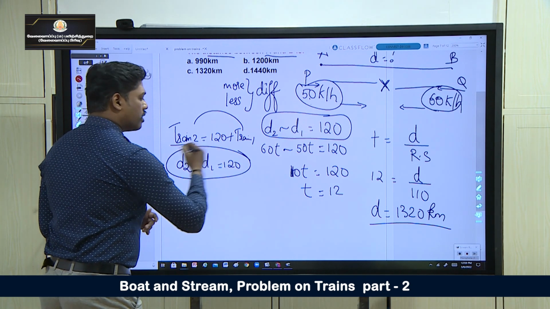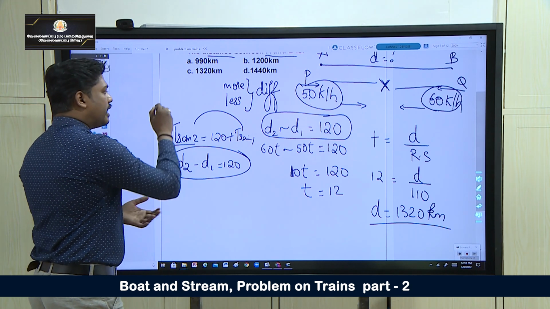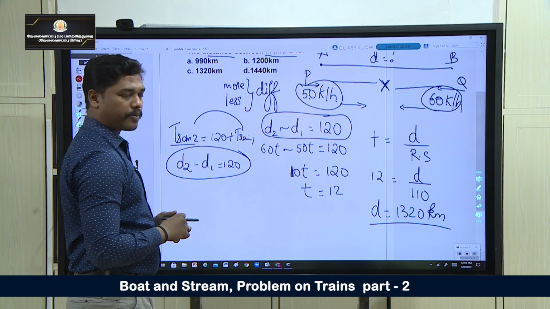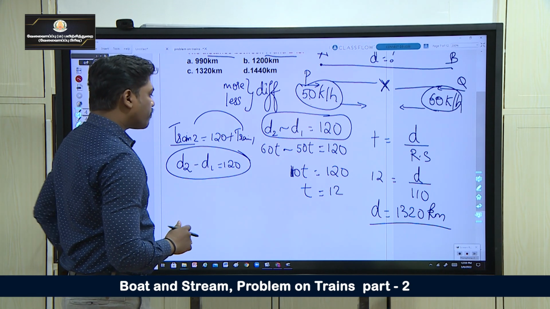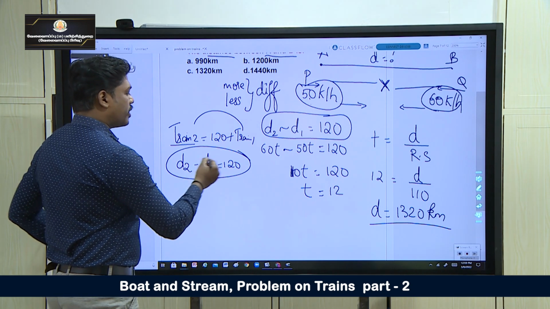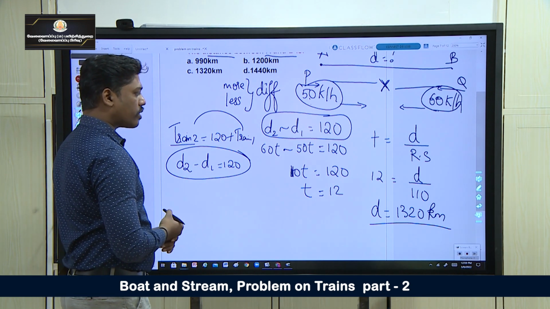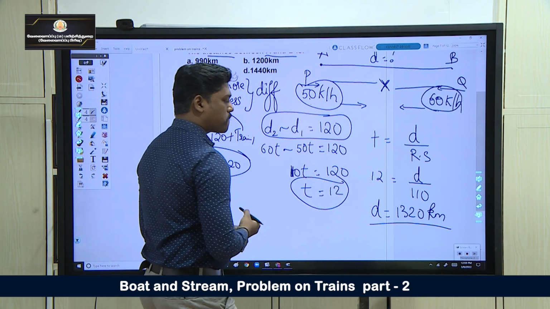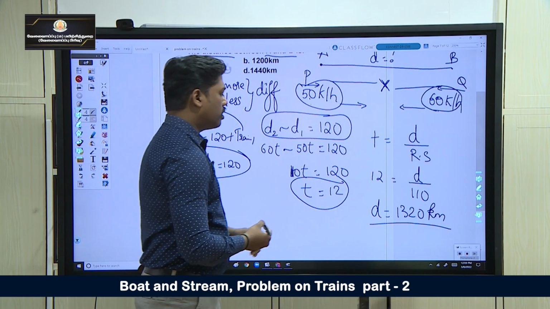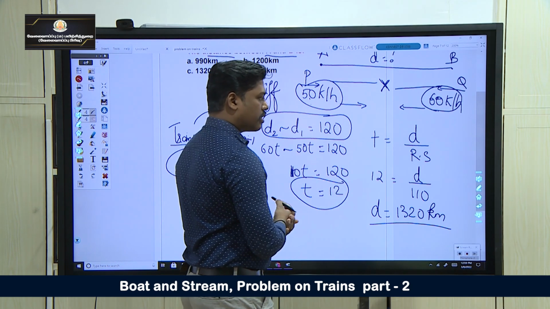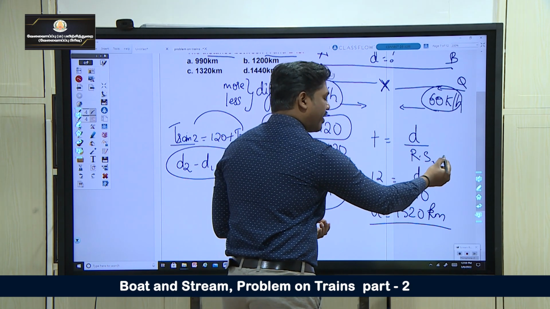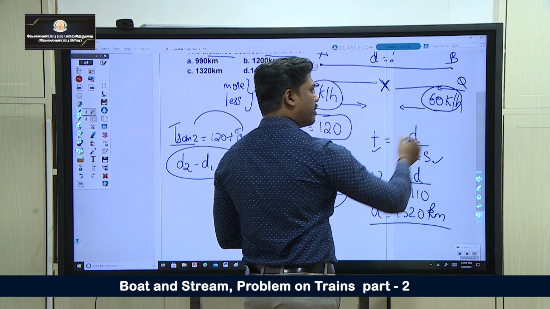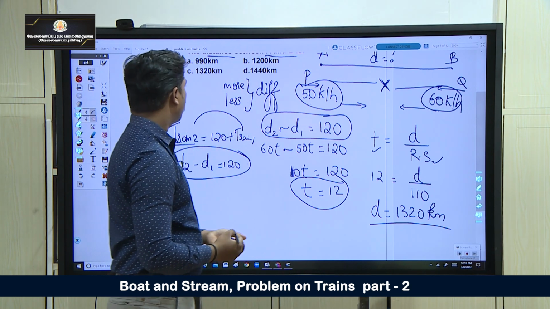Instead of finding it like this, it is more or less just the difference. With this you can find the meeting time, and from this you can find the distance. We have the relative speed and we have found the time. With this we can find the distance between them.